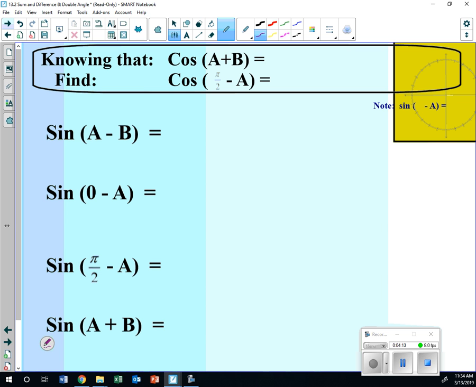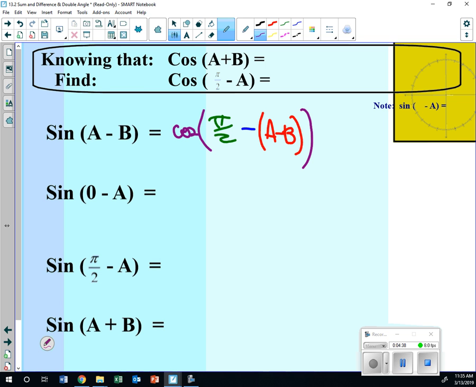Now what we're going to do is we're going to prove the sine of A minus B. Now to get the sine of A minus B, we saw that sine was the cosine of pi over 2 minus A minus B. Okay?